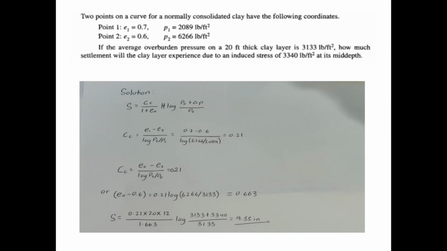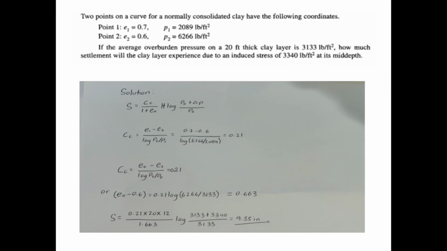Then distribute the value of C sub c, which is 0.21, and e sub 2 is equal to 0.6 and P sub 2 is equal to 6,266, and average effective stress is 3,133. Then we have 0.663 for initial void ratio.